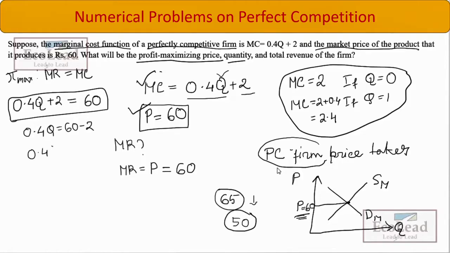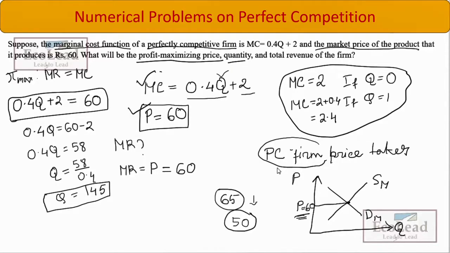So 0.4 Q equal to 58. Now let us solve it for Q. So Q will be equal to 58 by 0.4, or Q equal to 145. So we have solved the second question as well, that the profit maximizing output will be 145.